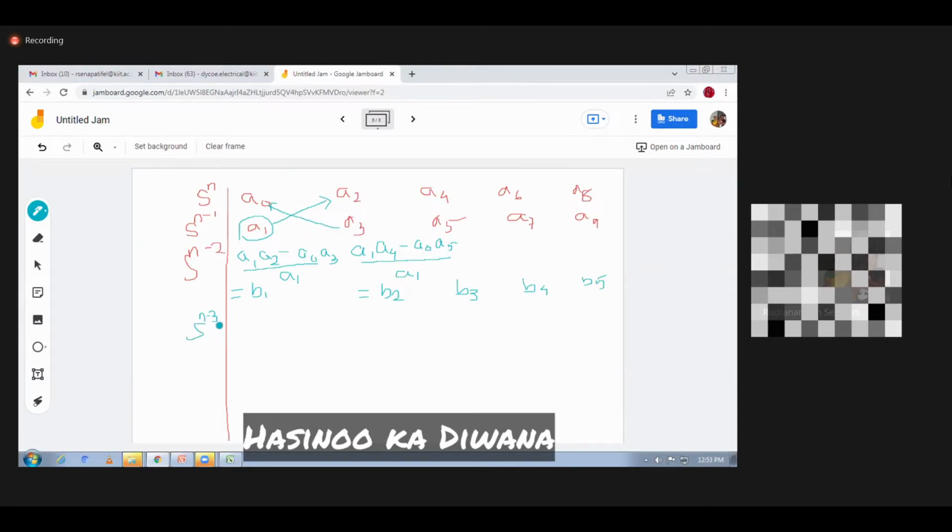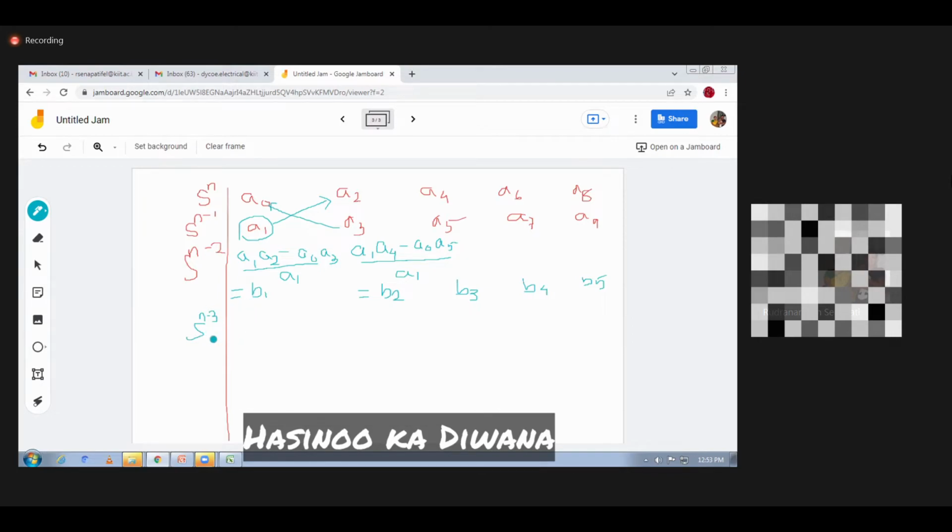Then for S to the power n minus 3, it has to be taken this row and the row above this one. Means you have to consider A1, A3, A5, A7, A9, and B1, B2, B3, B4, B5, and so on. So these two rows have to be considered.